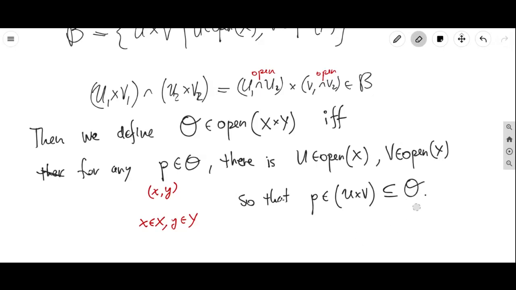So we're not saying that an open set looks like this, but open sets must contain sets of this form. And then the open sets could be more complicated. They could be unions of lots of these. So that puts a topology on this Cartesian product. So now that we have done that, let's start discussing some theorems about the product.